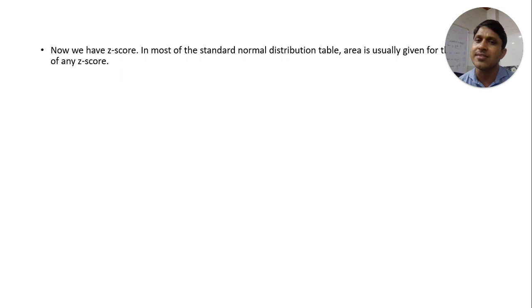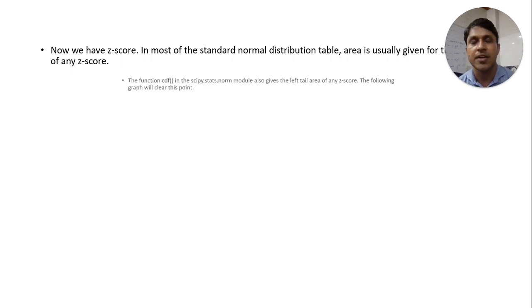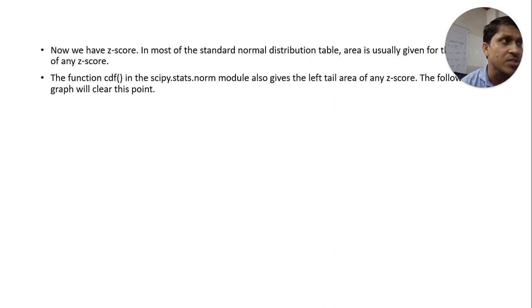Now we have the z-score. In most standard normal distribution tables, the area is given for the left side of any z-score, and most calculators like the TI-83 also give the left side area of a z-score.